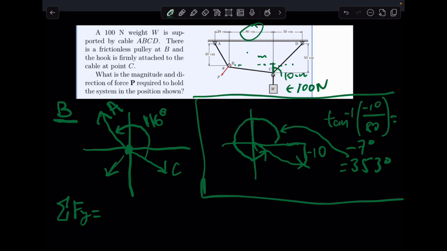So we can add that to our little diagram. So this from here all the way to here. From here all the way to here. That's going to give us 353 degrees.